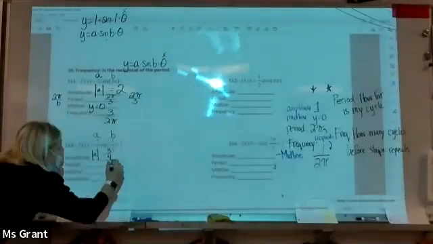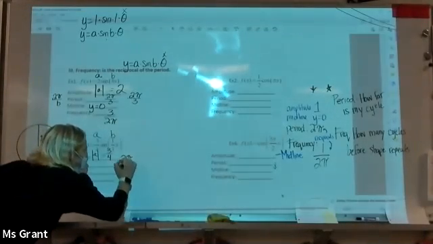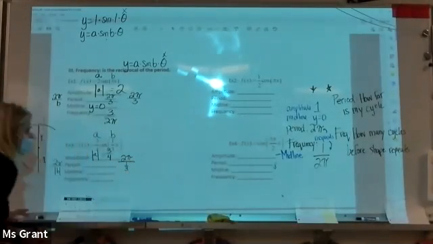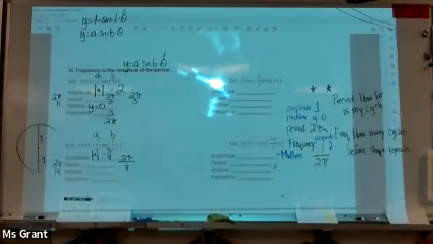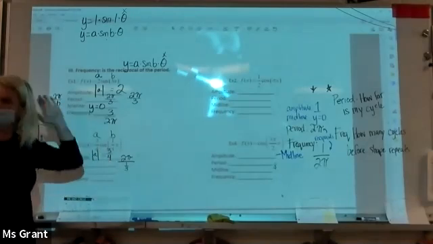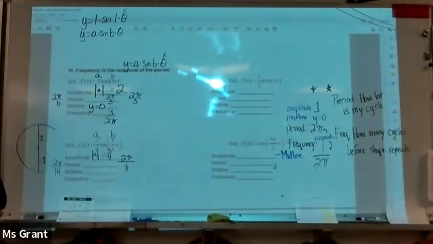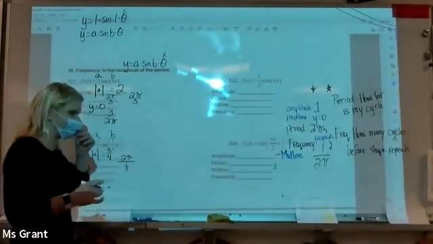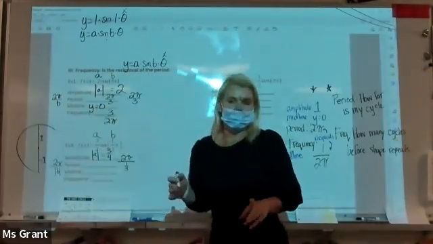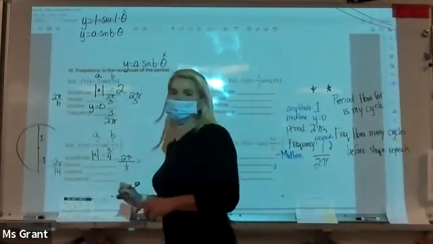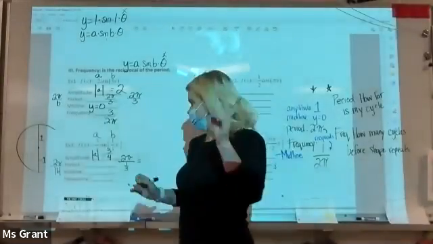B is 1/3, ready? 2 pi over 1/3. Okay, well that can't stay like that. Let's get rid of that 1/3, multiply by 3 over 1, top and bottom. What is 2 pi divided by 1/3 simplified? 6 pi.